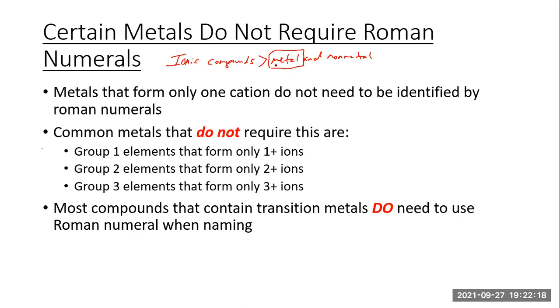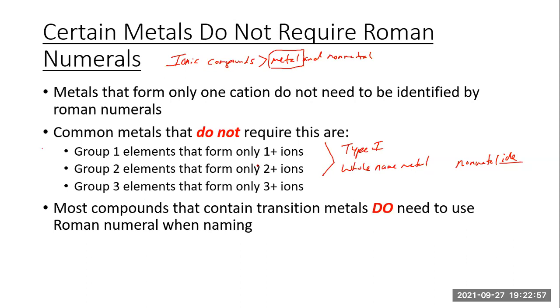It will be zinc, cadmium, or silver. All those guys have fixed positive charges, and those are considered type 1 compounds, which means we use the whole name of the metal. And for the non-metal, we drop the last part of the name and put IDE at the end of it. No Roman numerals are needed in that particular case.